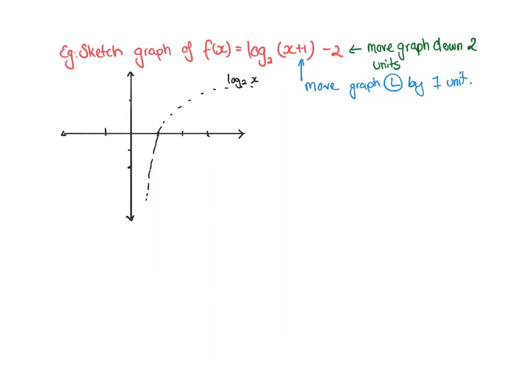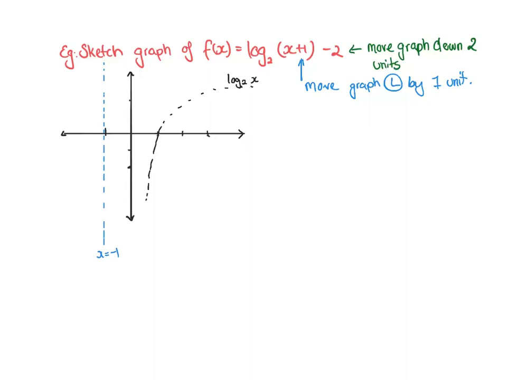So if we're moving it to the left by 1, our asymptote has moved over from x equals 0 to x equals -1. So we're going to see our graph asymptote on that. And we'll also see it move down as well.